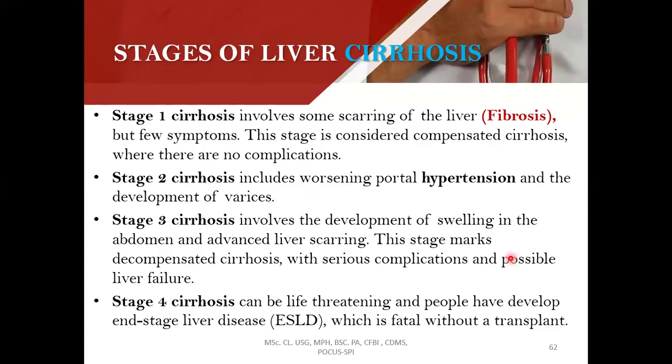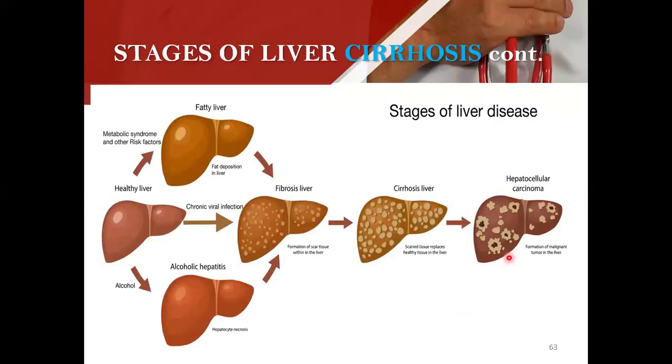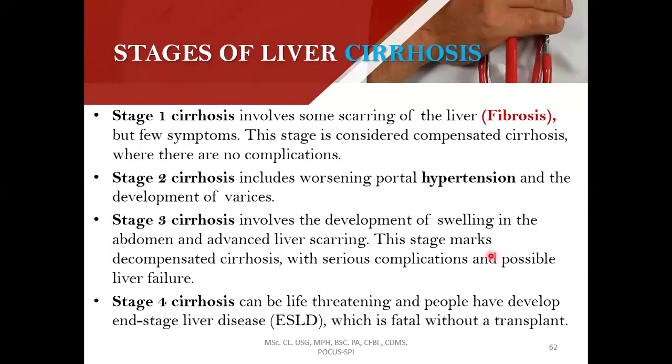I explained the reason why there could be ascites. I made mention of hydrostatic pressure and oncotic pressure. I made drawings on the screen to explain how ascites comes about. If you don't remember, you can kindly go back to the notes and read.